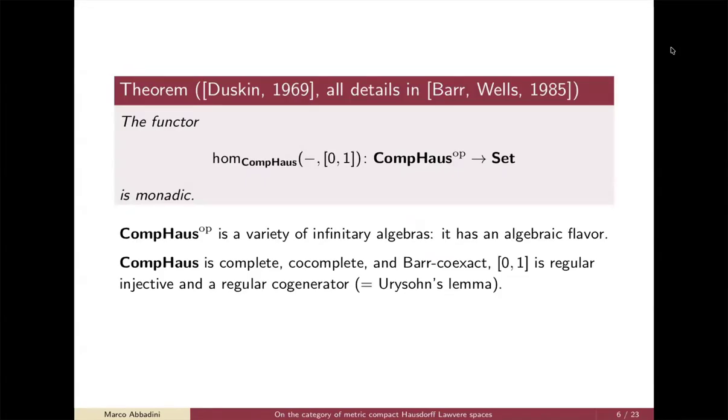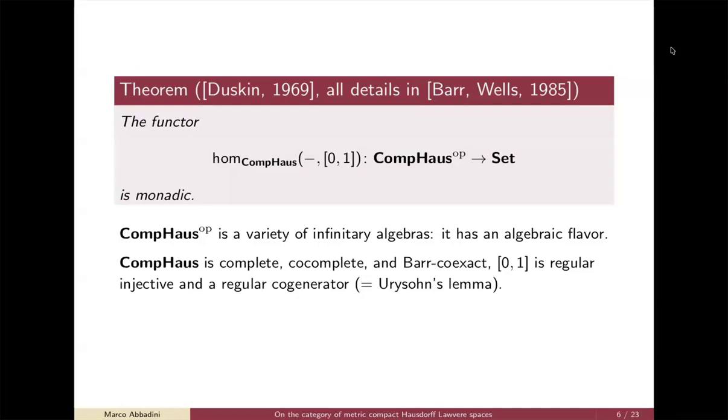So not only CompHaus is an infinitary variety of algebras, but also its dual is such. So it's monadic over set. So its dual has an algebraic flavor, which means this functor being monadic is a way to collect certain categorical properties of CompHaus, namely that it's complete, it's cocomplete, is Barr-coexact, and that [0,1] is a regular injective and a regular cogenerator.